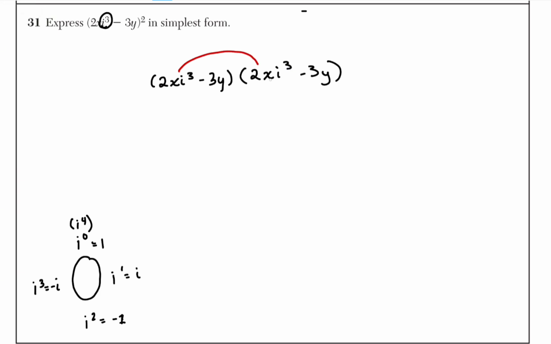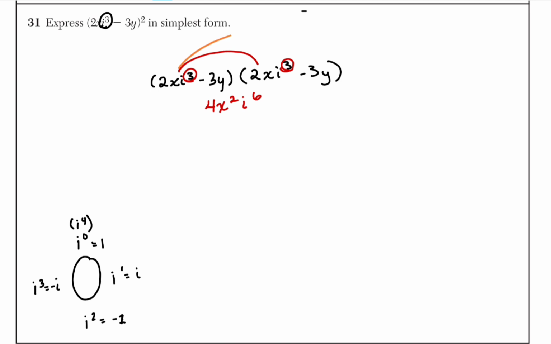So 2x times 2x is 4x squared, right? i cubed times i cubed is i to the 6. Why? Because when we multiply numbers and they have exponents, we add the exponents together. So these two parts multiplied together would be 4x squared i to the 6.